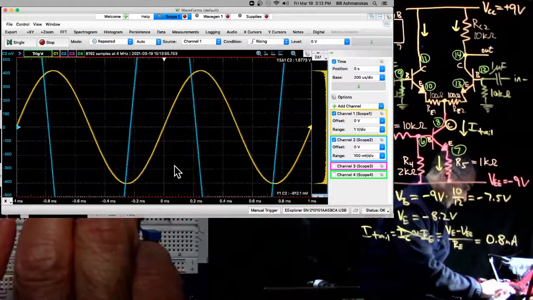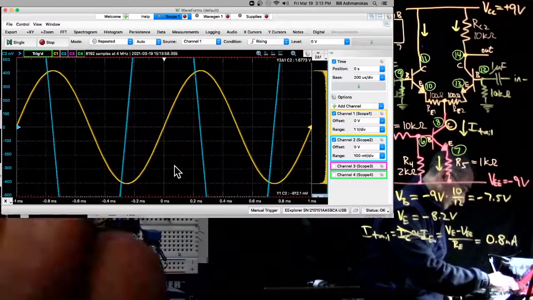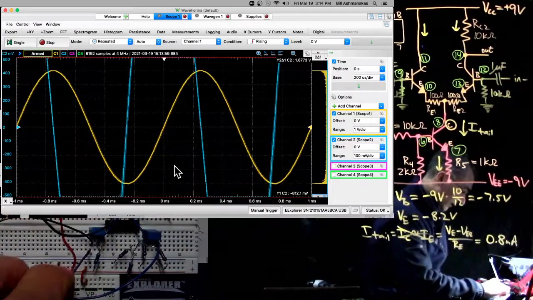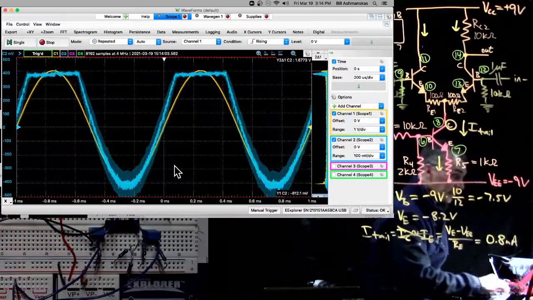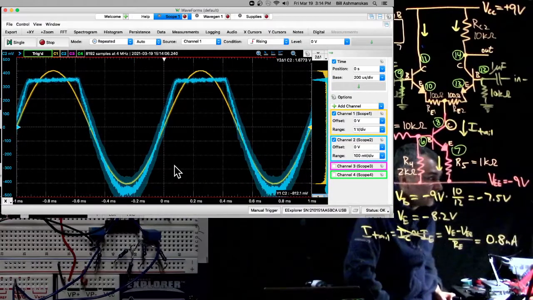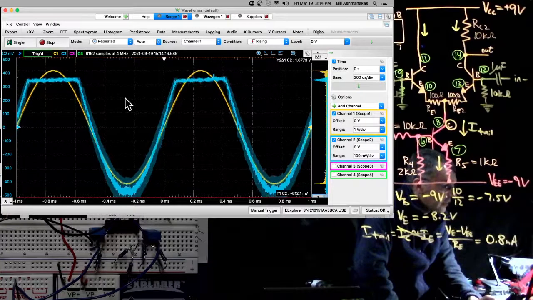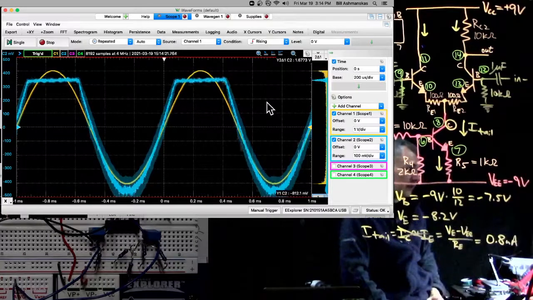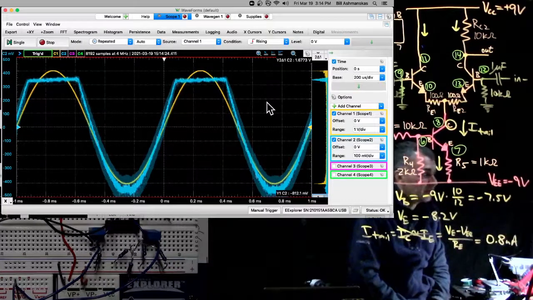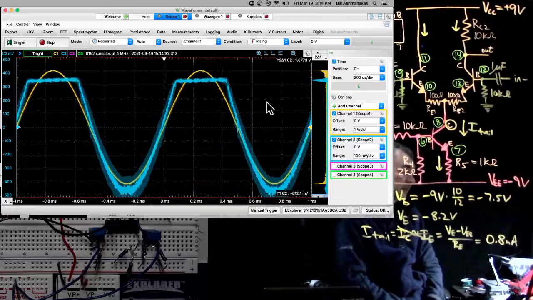I think that ended up having a little bit of a differential component, because when I do that, the input signal is 1 volt per division, the output signal is 100 millivolts per division. So you can see the common mode gain is something like 1/10. And also, the output is not inverted. So the fact that it's not inverted tells you that this is really sneaking in as a differential signal. It's not the common mode signal.